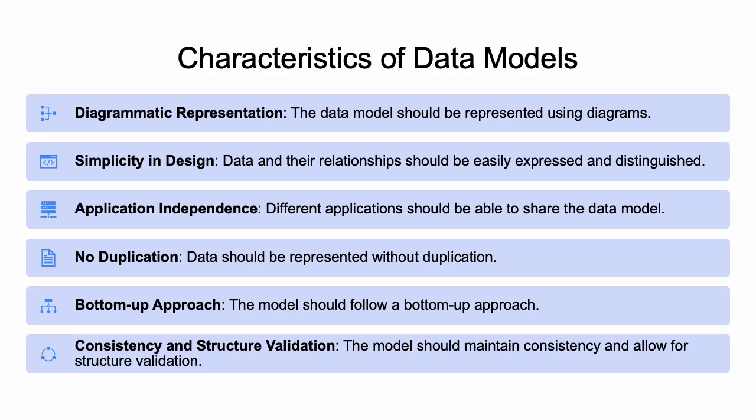So a good data model should have the following characteristics to ensure optimal data representation. The first one we call diagrammatic representation. The data model should use pictures or block diagrams to show how the data is organized.